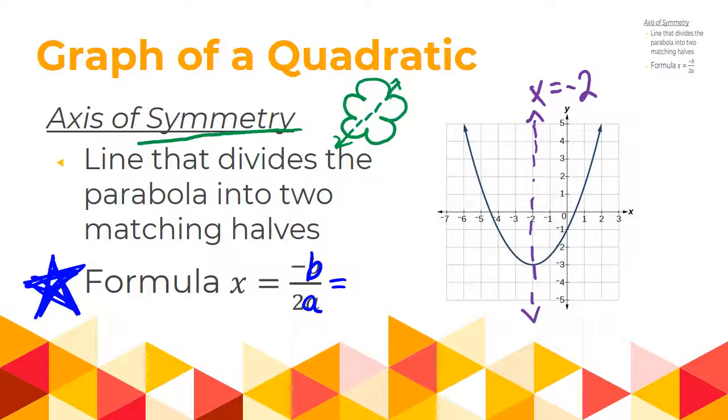This value might be a positive number, a negative number, and it might even be a fraction, and that's okay. No matter what, it's going to be a vertical line of symmetry that we're going to represent with a dashed line on our graph. Now, this formula will make more sense when we apply it to a problem.